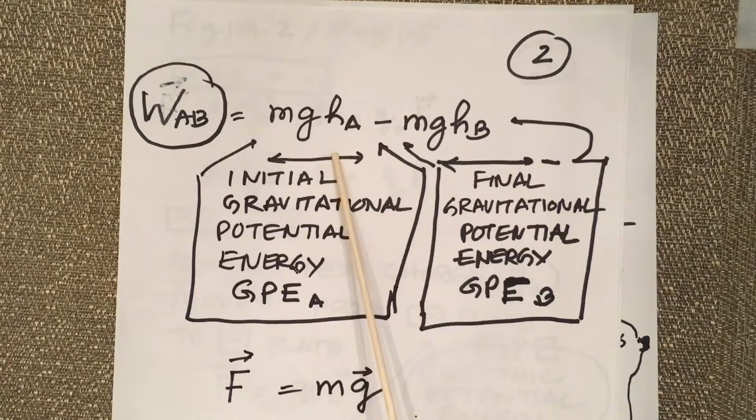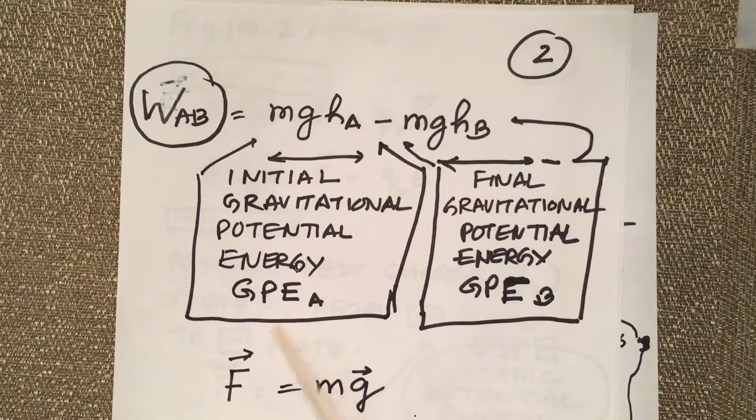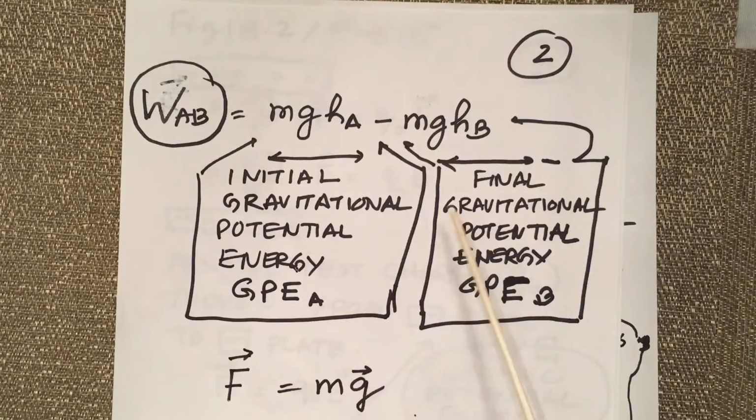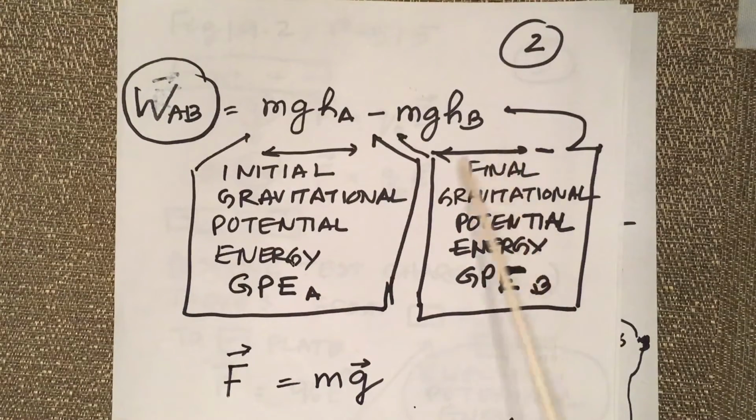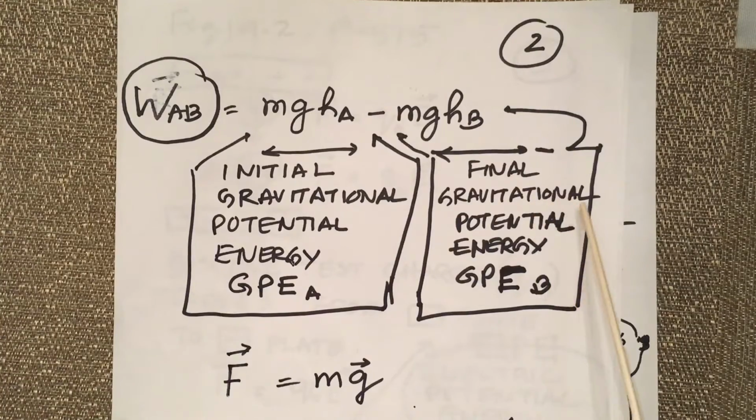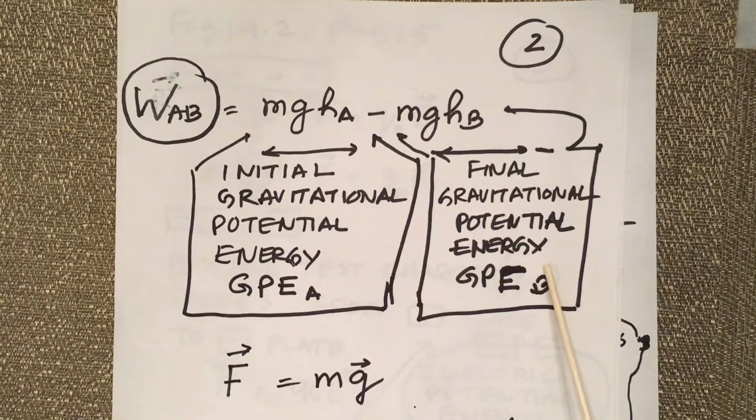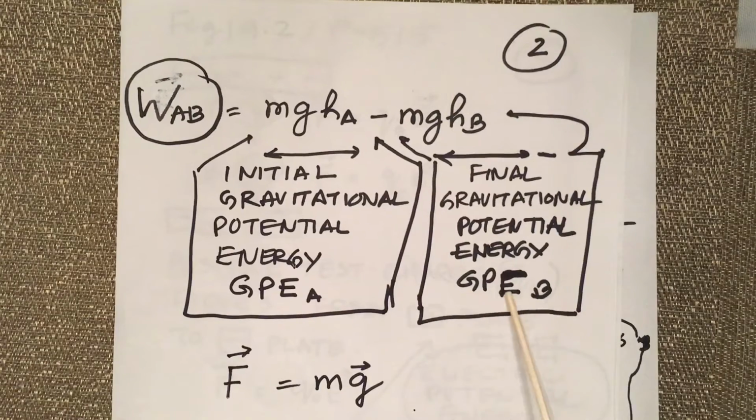The first one, as you see in this box, is the initial gravitational potential energy, which we can write in short form as GPEA, and this is the final gravitational potential energy at B, which is GPEB.